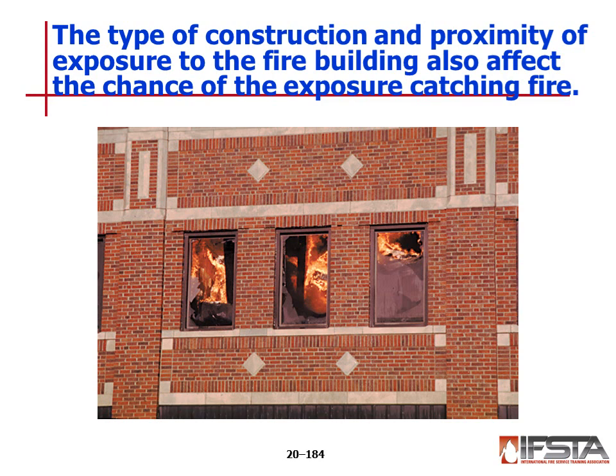Some combustible construction elements include wood or plastic siding, wooden window frames, and interior combustible items such as curtains, blinds, and carpet close to a large window or glass area. Exposures closer to the fire building are more likely to catch fire.